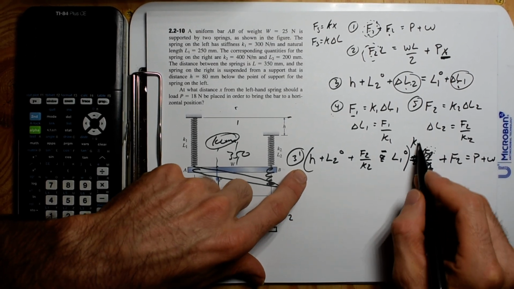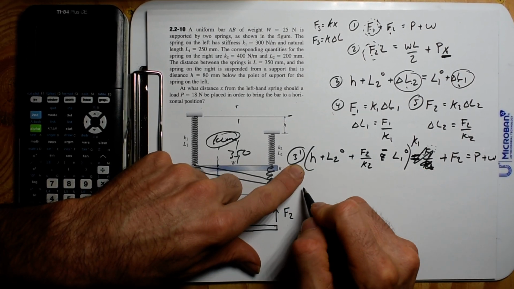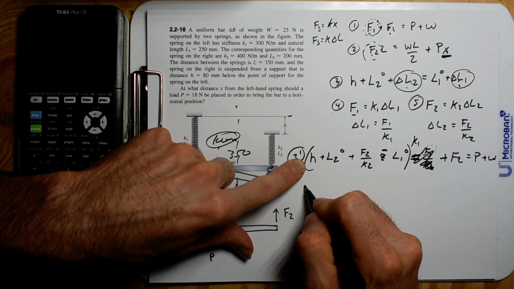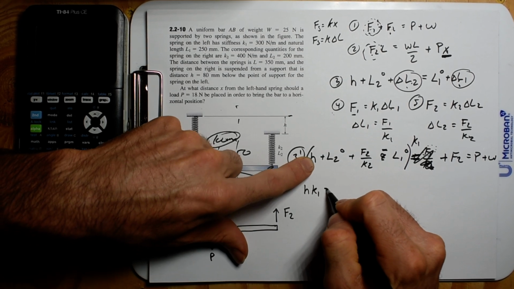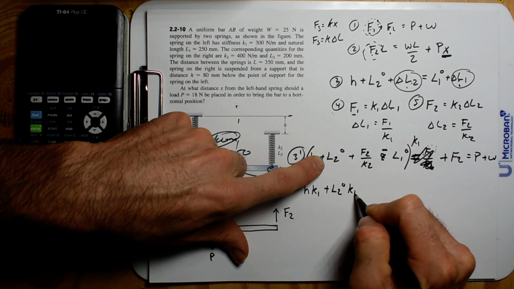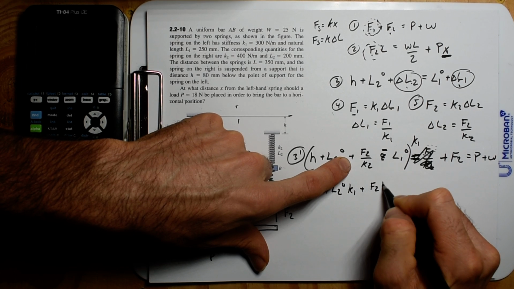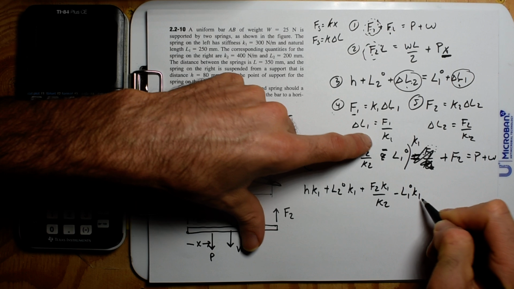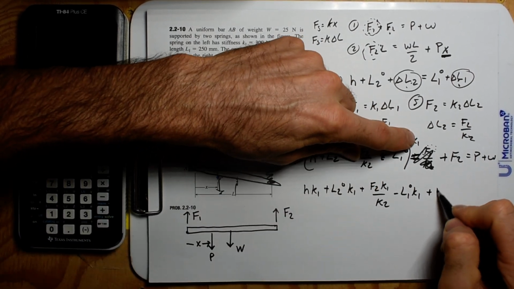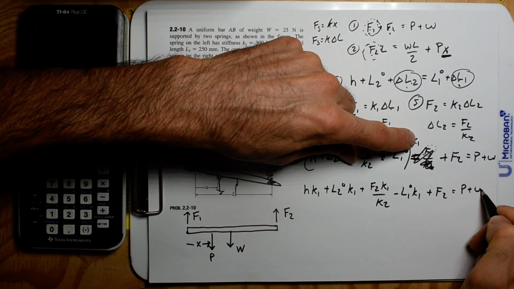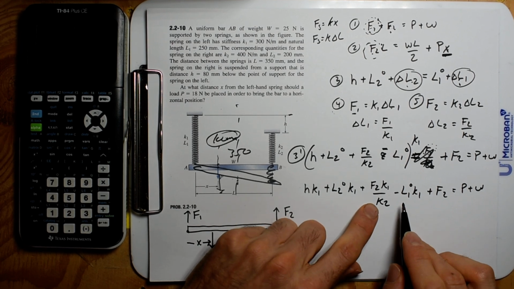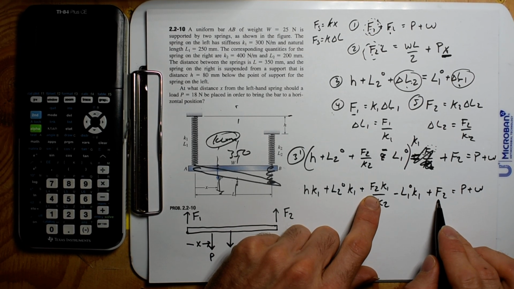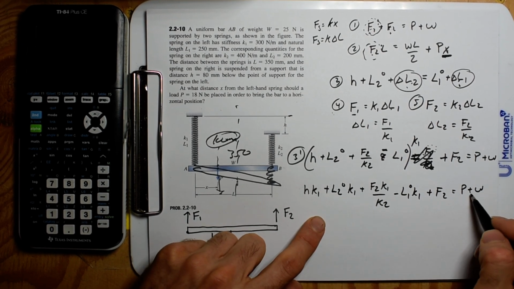So now I really have to factor through this k1. So we have h k1 plus L2 naught k1 plus f2 k1 k2 minus L1 naught k1. Everything's got a k1, plus f2 is equal to p plus w. Okay, so now I need to round up the f2s and get all these over here.